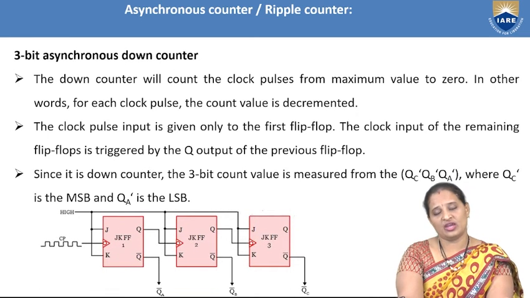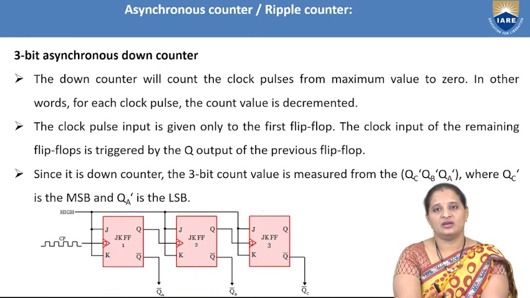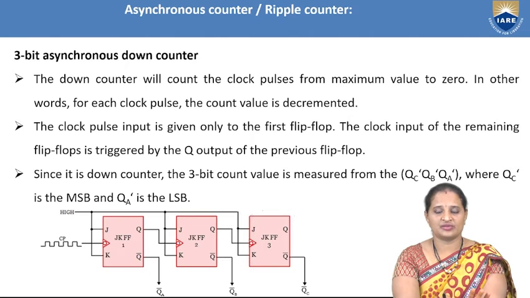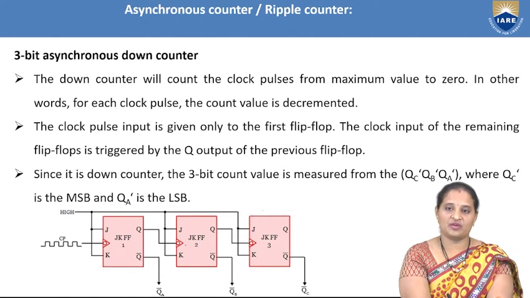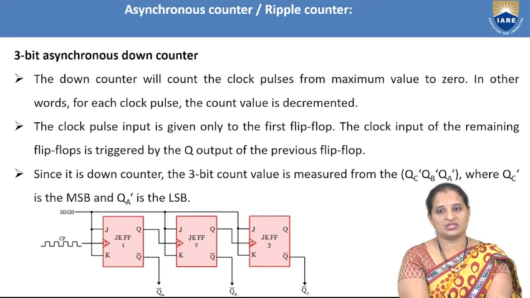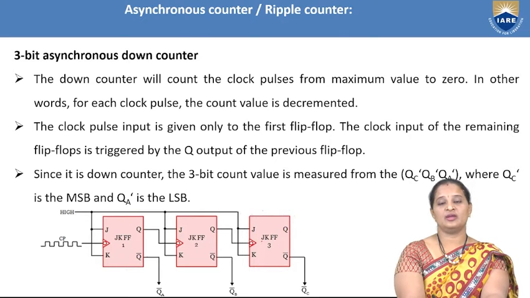And one more thing, we can also design the down counter in another fashion. Instead of connecting the Q output of the first flip-flop as the clock input to the second flip-flop, we can connect Q bar as clock input to the second flip-flop, and the Q bar of the second flip-flop is connected as clock input to the third flip-flop.